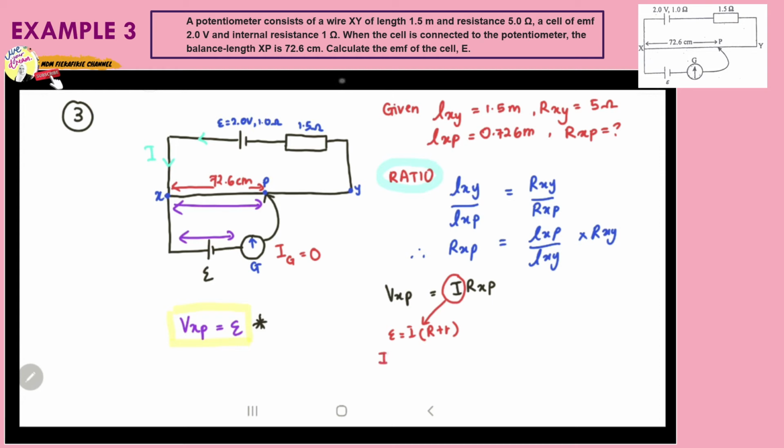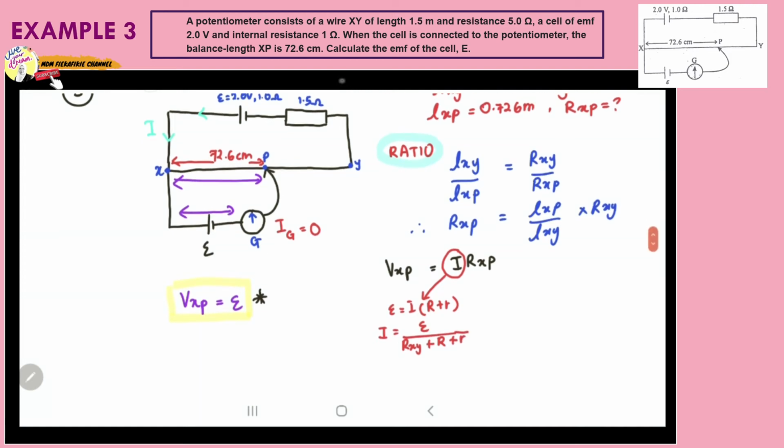So current I is equal to EMF over the external resistance, Rxy plus resistor R, plus the internal resistor. Let's substitute the value of the EMF, which is 2 volt, over Rxy is 5 ohm plus 1.5 plus internal resistance is 1.